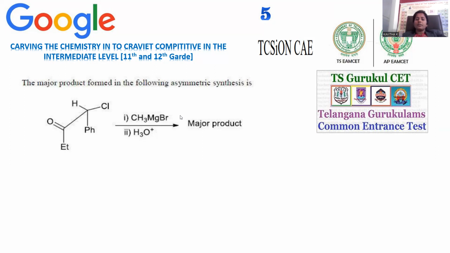RMgX is the general representation of Grignard reagent, where R is equal to methyl, Mg means magnesium metal, X means halide. Here we are taking bromide, so that it is a more efficient Grignard reagent for reaction with the various compounds. It is the most important reagent for the synthesis of multiple components in the laboratory platform, right?